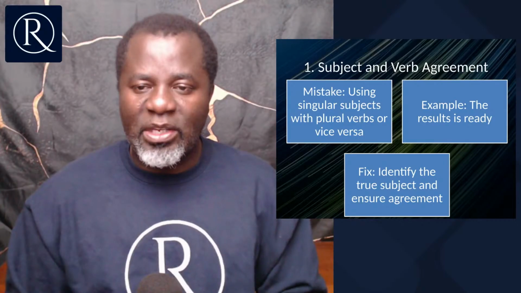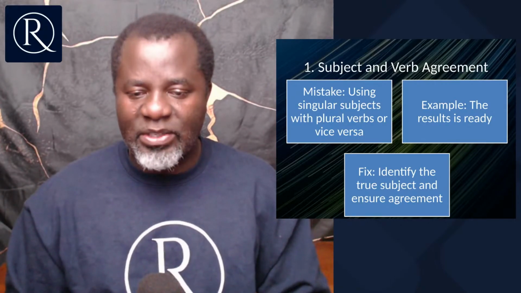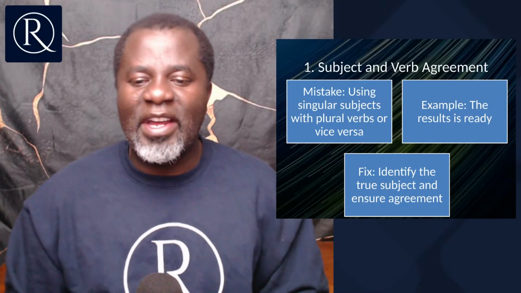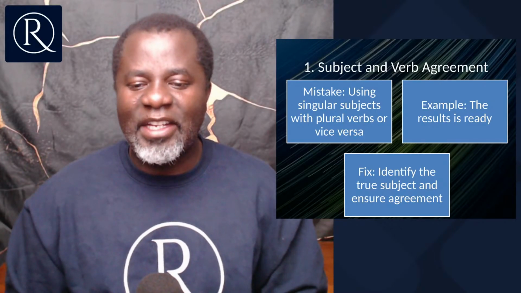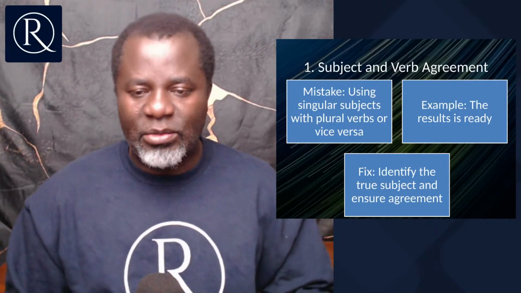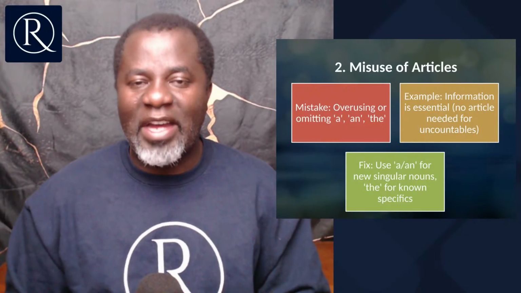Now, I've got a topic on this on my website. You can go there and just read about it. How can you fix this mistake? You need to identify the true subject and ensure that it's in agreement with the verb. Again, read that article.